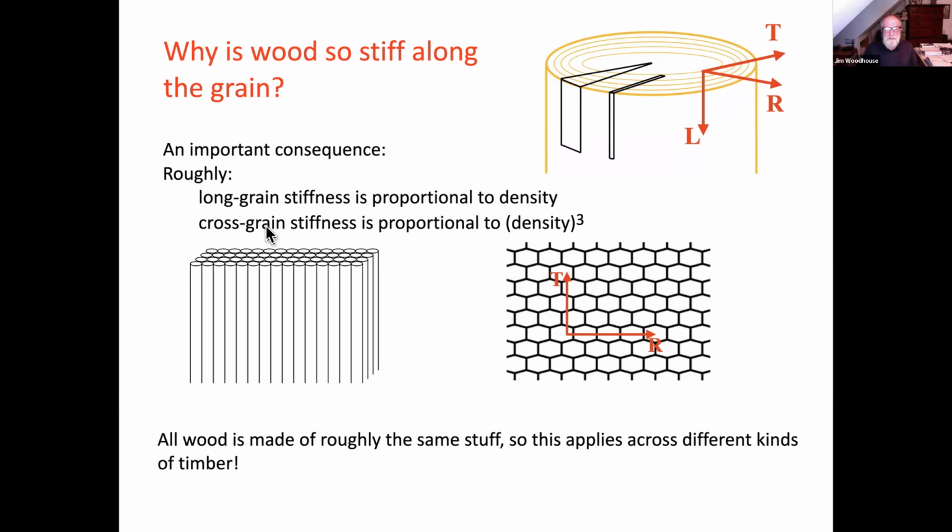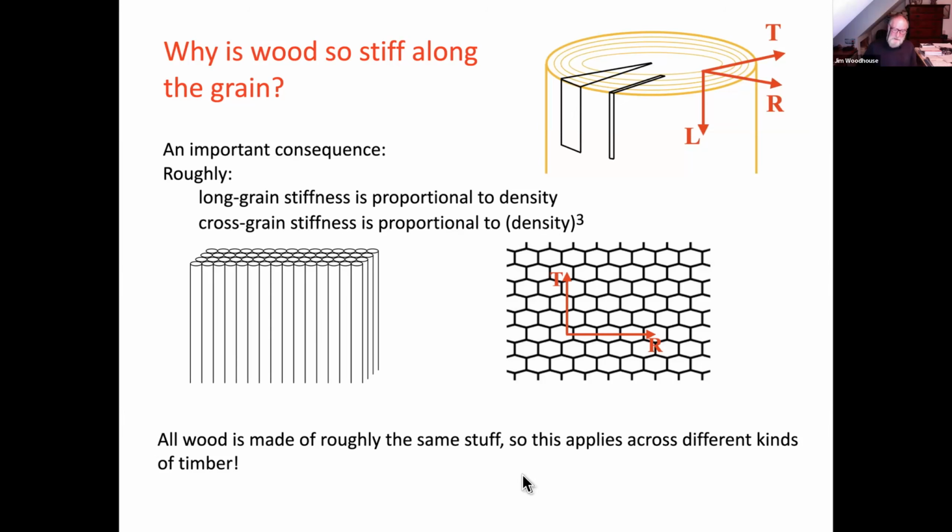And so the cross grain stiffness is proportional to the cube of the typical wall thickness, and the typical wall thickness is proportional to the density. So the prediction is that cross grain stiffness should be more or less proportional to the cube of density.